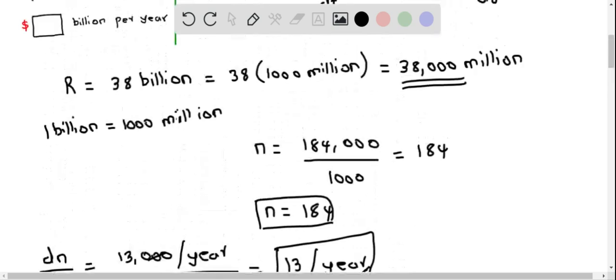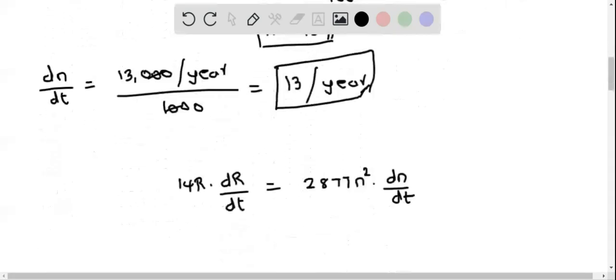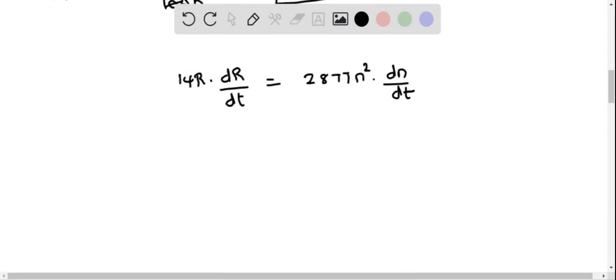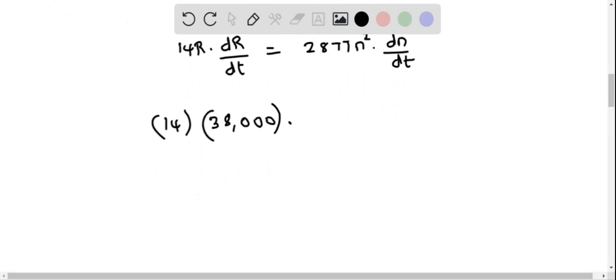Let me plug in R, that is 38,000 million. So I put 14 times 38,000 times dr/dt. That's the thing which we have to find.